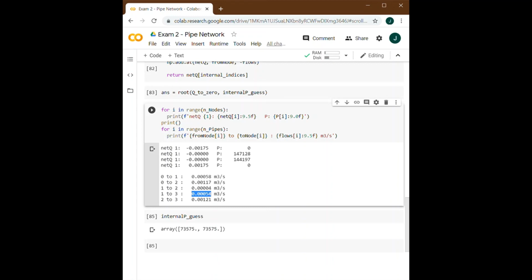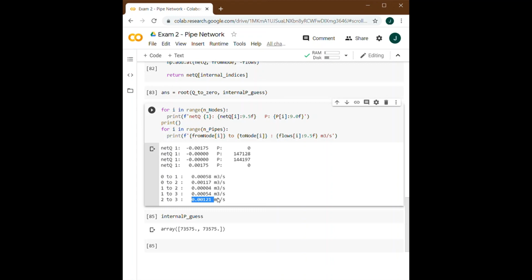So node 1 to 3 is where we want. However, node 2 to 3 is a little bit off, because we wanted about half of this. Instead, we got 12.1 times 10 to the negative fourth meters cubed per second. So our node 2 to 3 is still off, but I think that comes from the fact that we just guessed. Close, but not quite exactly correct.